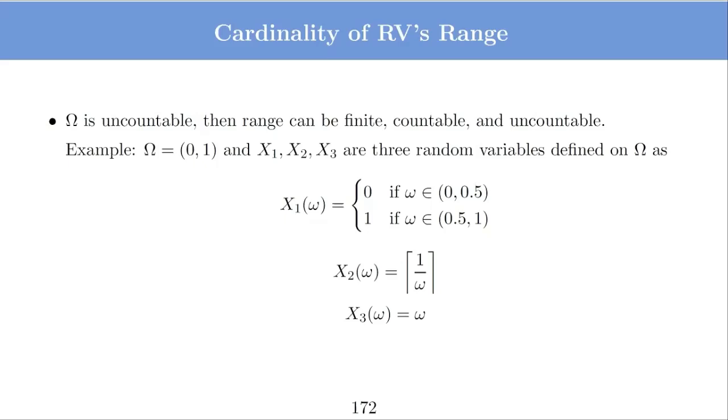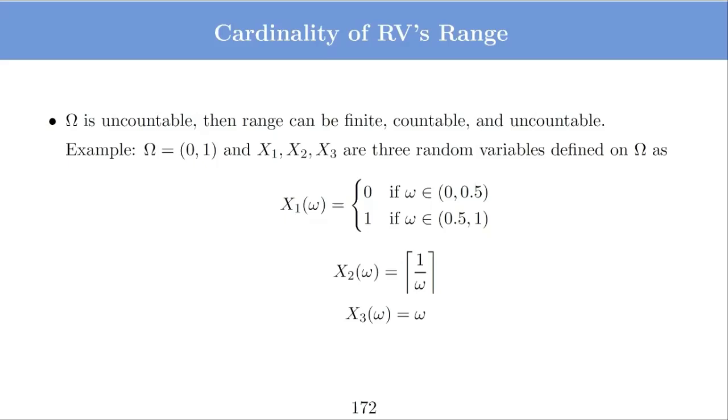So you can understand that no matter what number we pick, you will get one integer as X2. And this will cover all natural numbers. If you take omega arbitrarily small, you get a number as big as you want. So the range here will be the natural numbers, which is countably infinite.